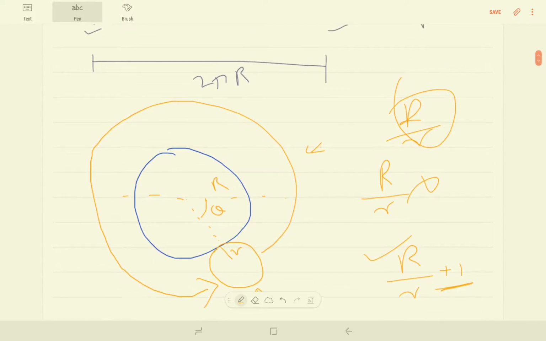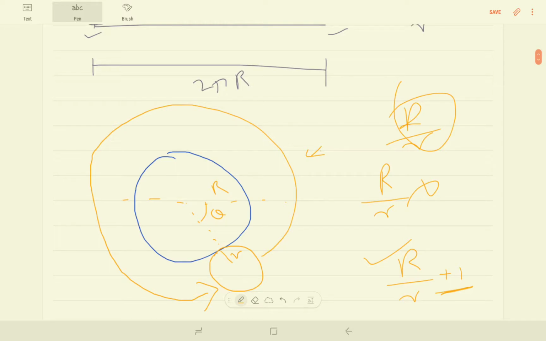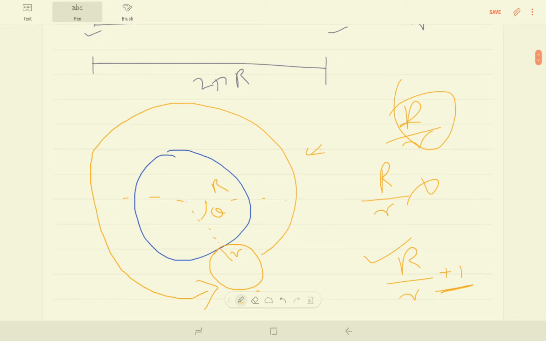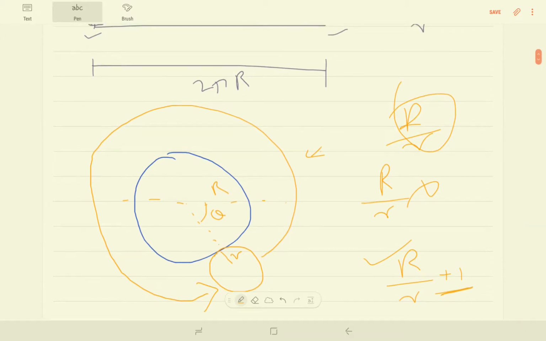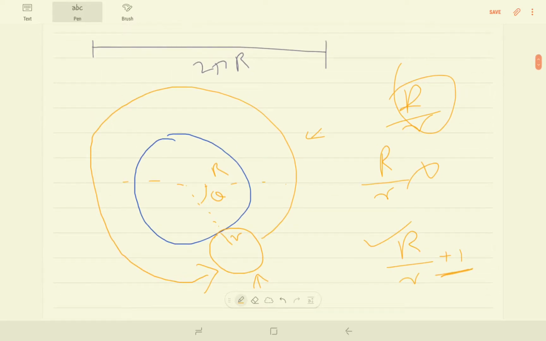It's really a tough task. I think most of the people who see this question in the first round would say that it's capital R by small r, as is the case with most of us.